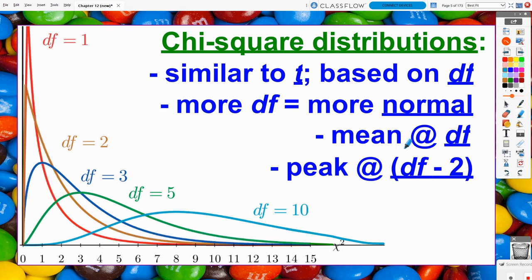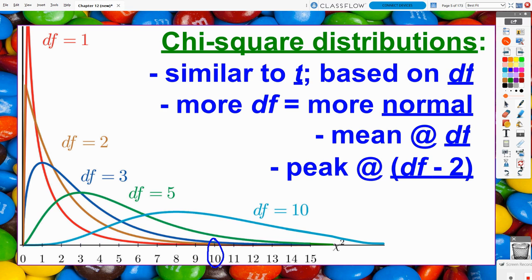Now, if you wanted to know where the mean value was, what you need to do is find your degrees of freedom. So if we had 10 degrees of freedom, we look at where the chi-square value is. The x-axis here is the chi-square test statistic values. So 10 degrees of freedom means at 10 on the chi-square axis, this is roughly where we would find the mean of that chi-square distribution.